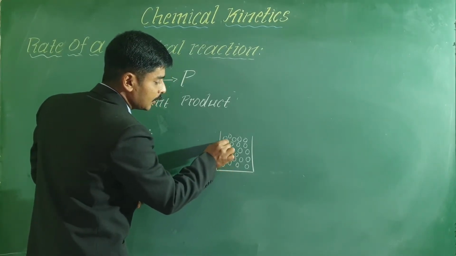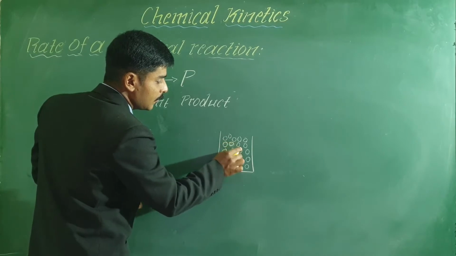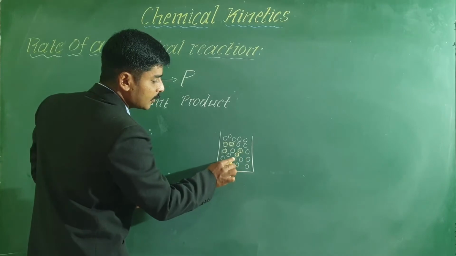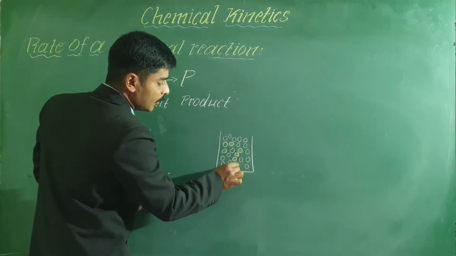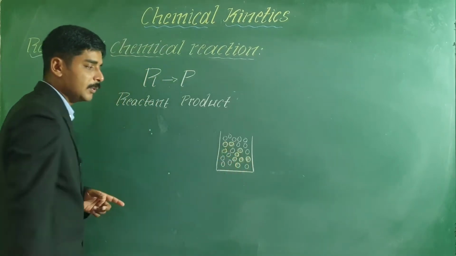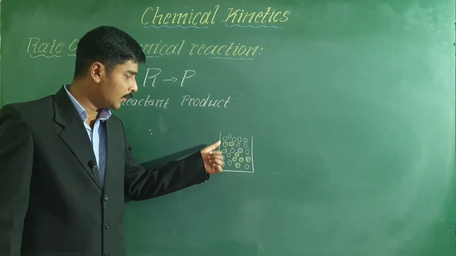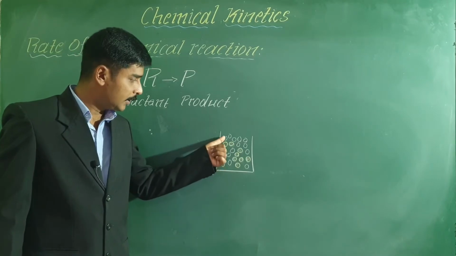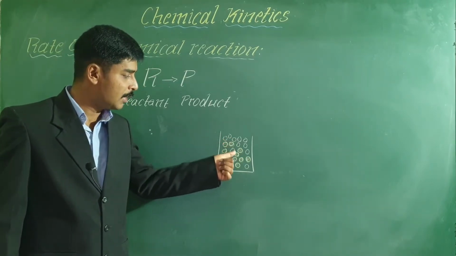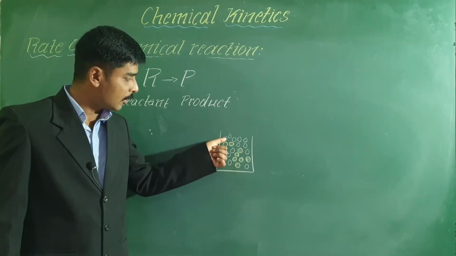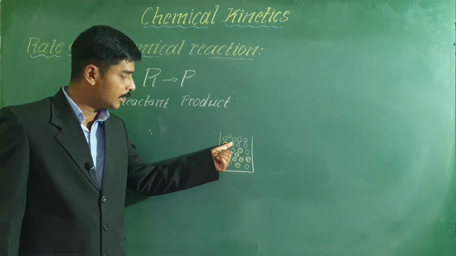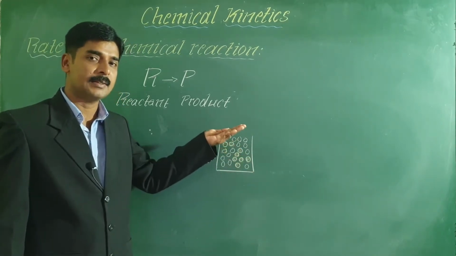During the progress of the reaction, you can tell me what will happen to the reactant molecules and what will happen to the product. You see, the reactant molecules are consumed continuously to form product, or the concentration of the reactant decreases and the concentration of the product increases.